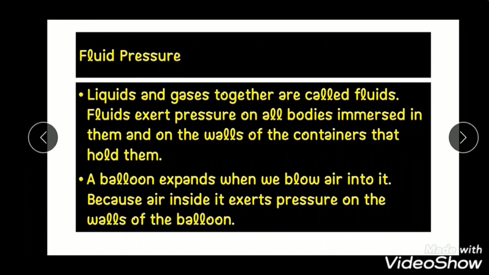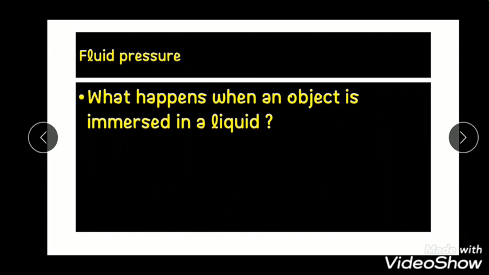What about upward? If water is in a container, what will happen to the upward force? We will see one activity now to explain fluid pressure. Then what happens when an object is immersed in a liquid? That also we will see in an activity. In the first activity, we can see that when area is less, pressure is more.